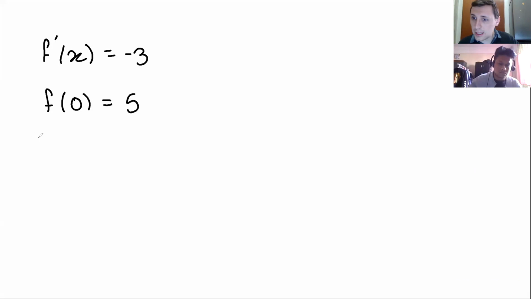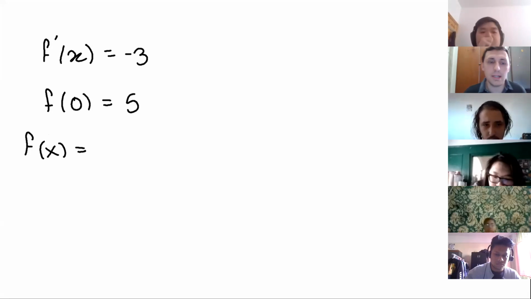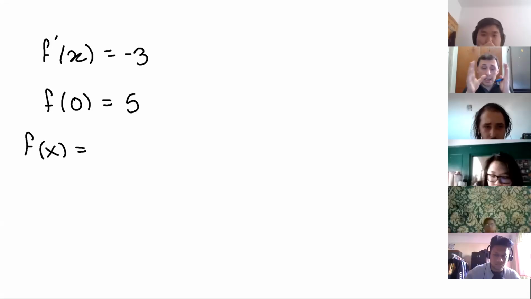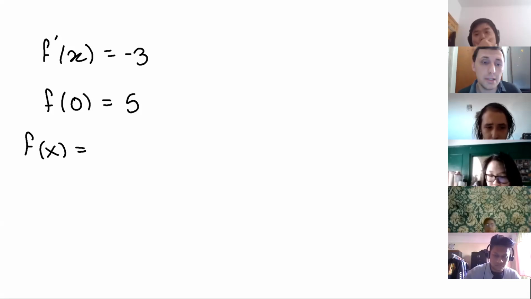It's a bit like integration, a bit like the next topic, but can you guess what was the original function? You understand what it is saying? When I say f prime of x is -3, that means at any x I do the derivative formula, I get the result is -3. I want you to tell me what's an equation of that function.